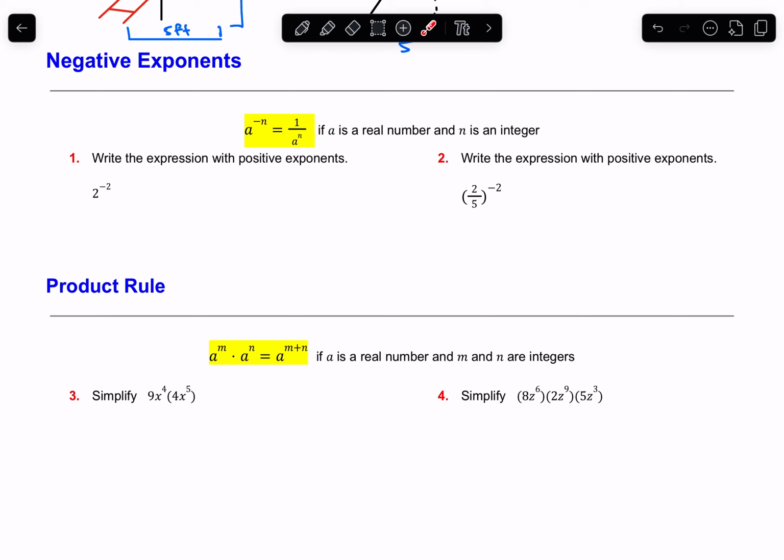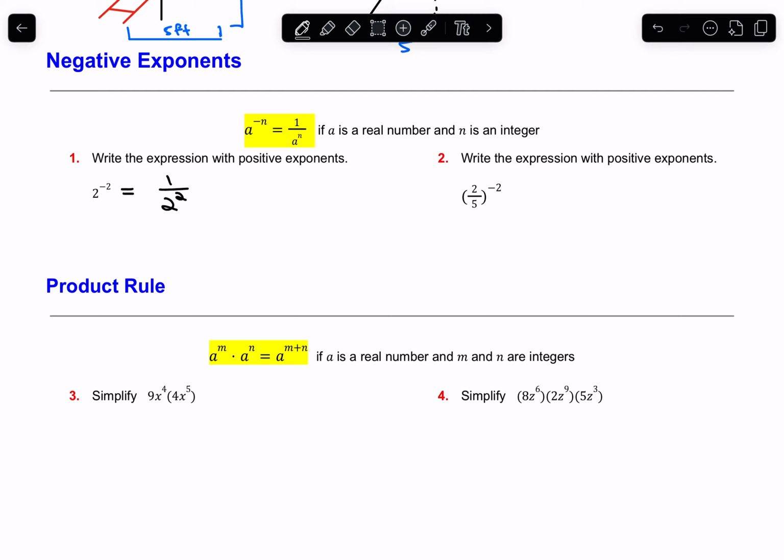So for the first one here, we have 2 to the power negative 2. This is equivalent to 1 over 2 to the positive 2, where all you do is move that 2 to the negative 2 to the bottom, and it becomes 2 to the positive 2. Okay?